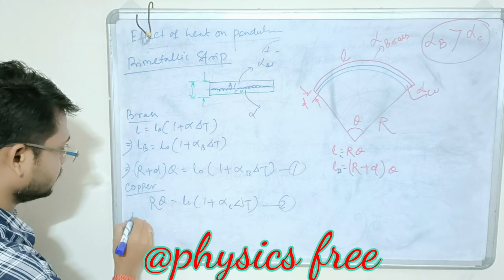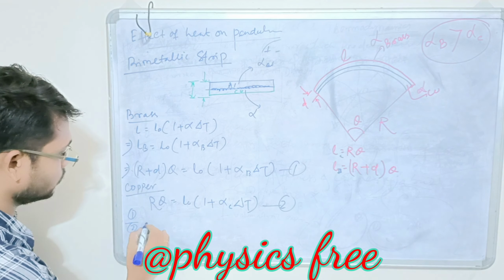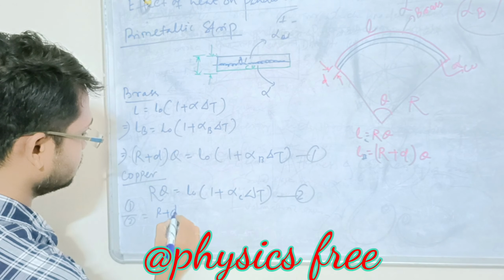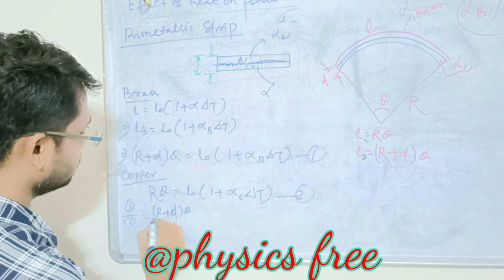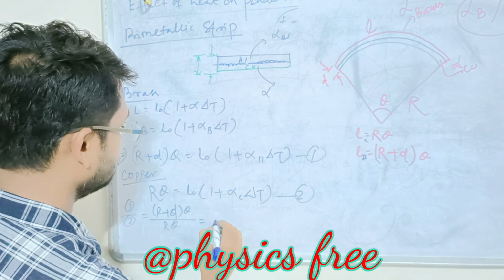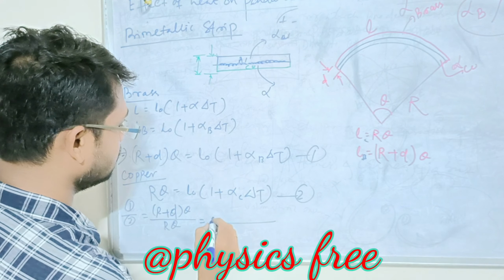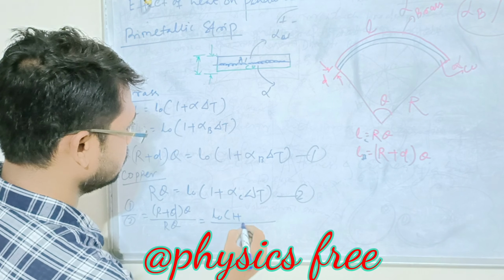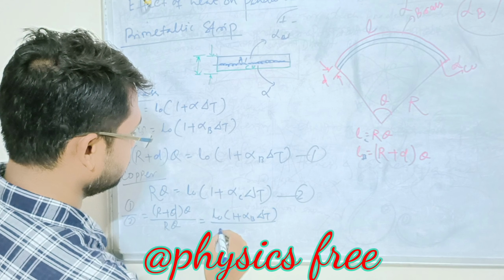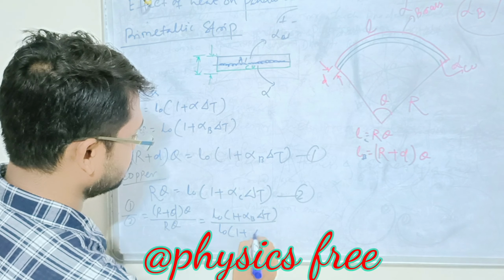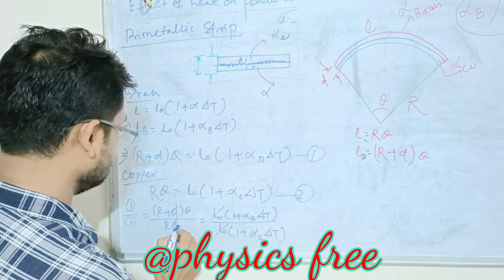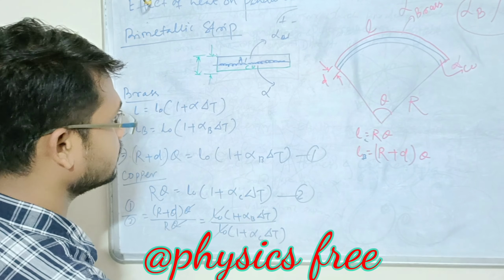Okay, so equation 1 by 2: R plus d into theta divided by R theta equals L0 into 1 plus alpha B into delta T divided by L0 into 1 plus alpha C into delta T. L0 cancels out, theta cancels out.